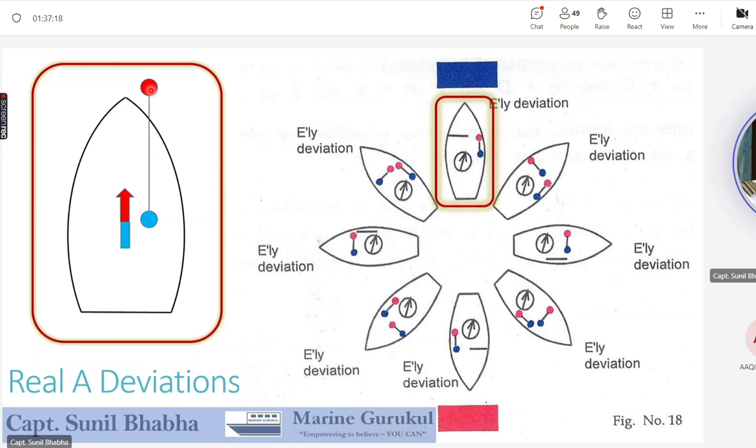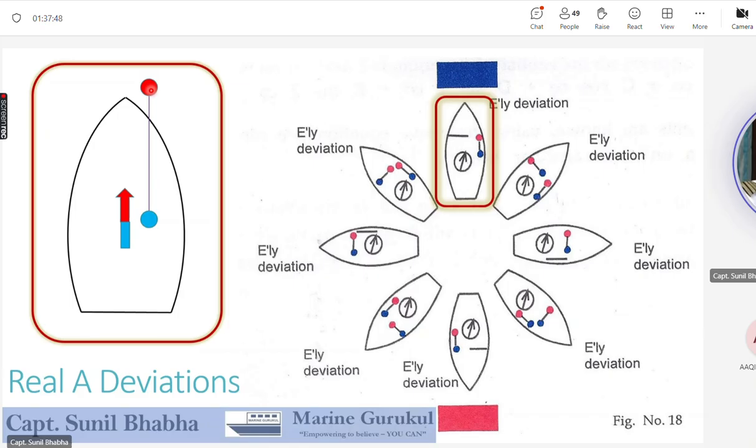Now, whenever you bring a magnet close to the compass, it has both the poles, the red as well as the blue. Which of the poles is going to affect the compass? Always, in all conditions, the pole that affects the compass is the one closer to it, because as you go far away from the pole, the magnetic field strength reduces.